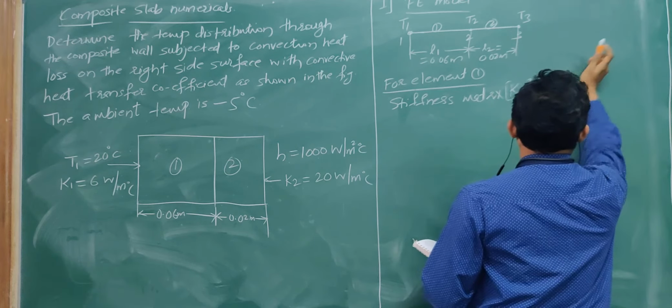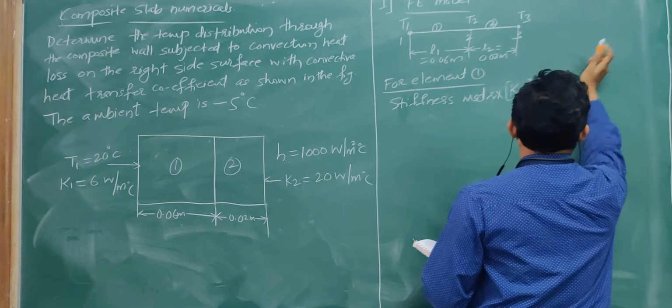So these are the stiffness matrices that we have derived due to conduction. If I combine this, the stiffness matrix due to conduction is nothing but K is equal to K1 plus K2.